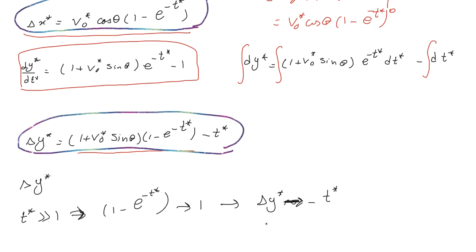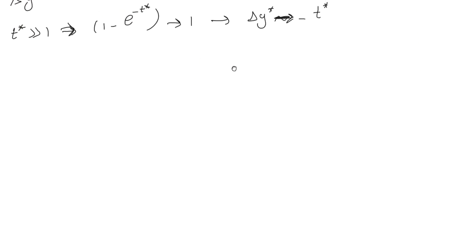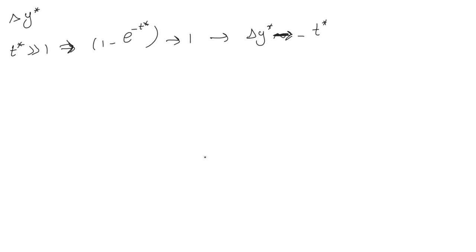So now we can actually bring in the typical scales. We can substitute these dimensionless quantities, the stars, with dimensional quantities. So what we can do here is to write, instead of delta y star, delta y over the length scale that we had above, right?